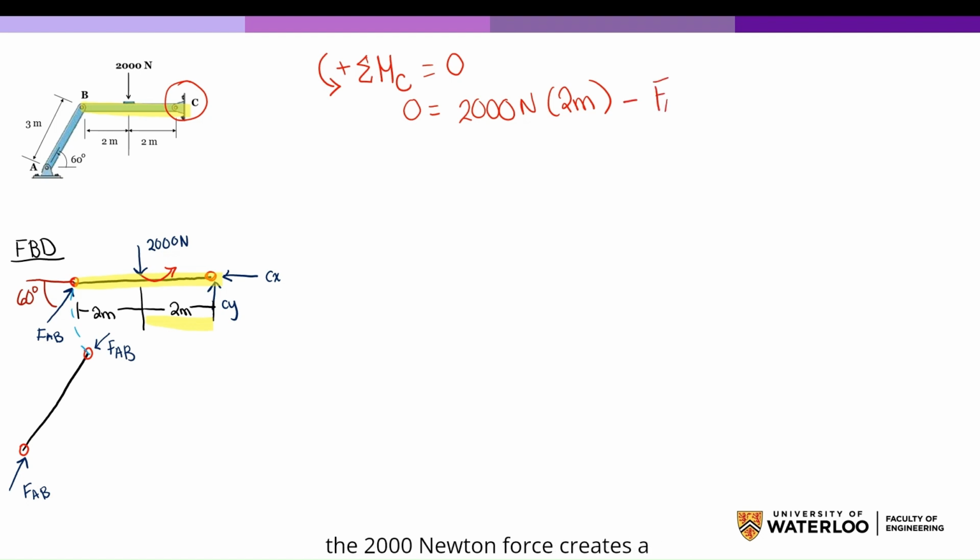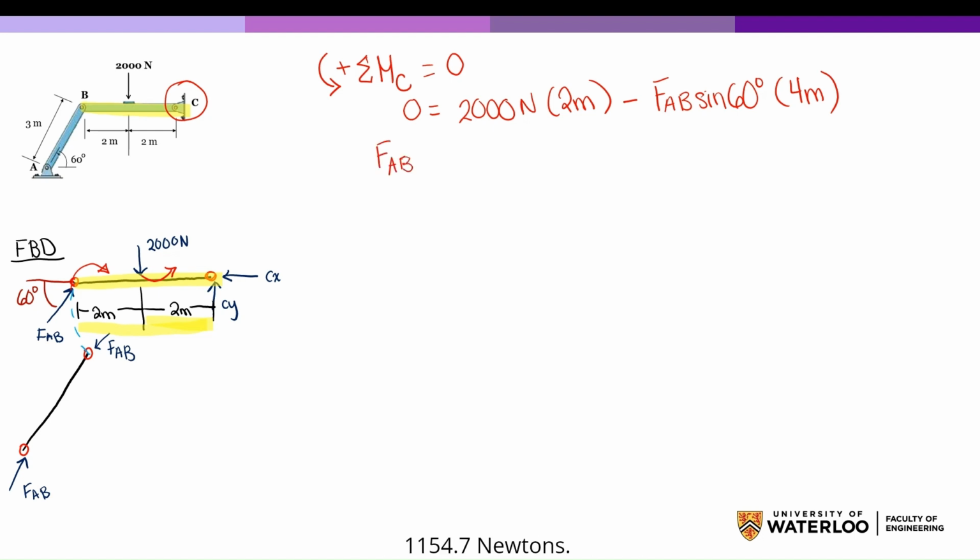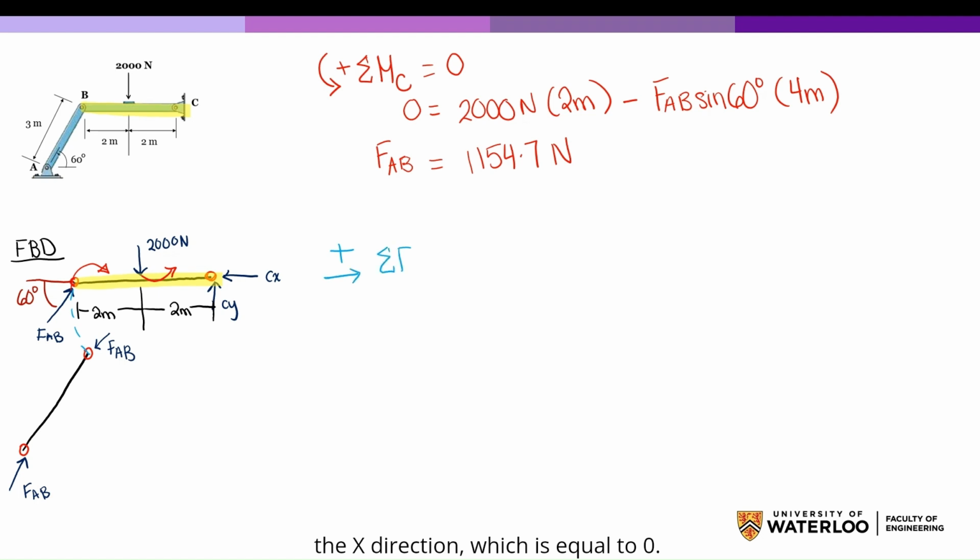So the 2,000 Newton force creates a counterclockwise moment about point C minus the force in member AB times sine 60 degrees times 4 meters. So the force in member AB creates a clockwise moment about point C. So the force in member AB is equal to 1,154.7 newtons.